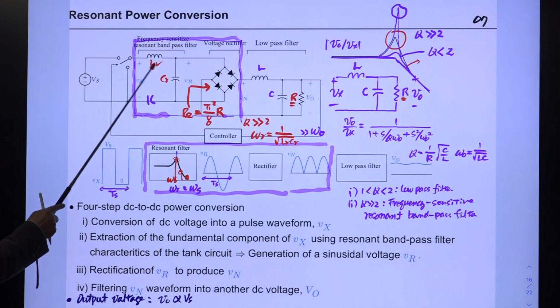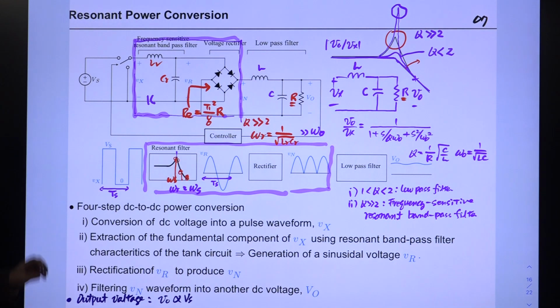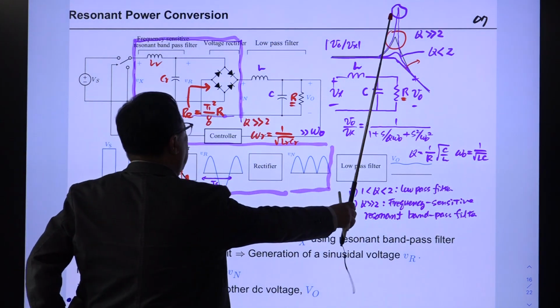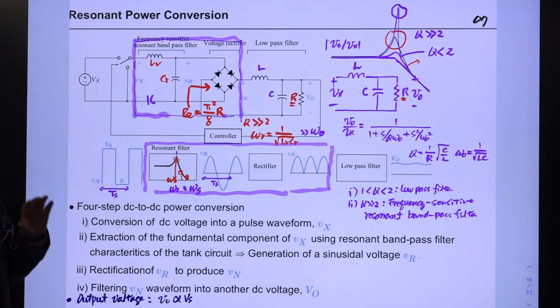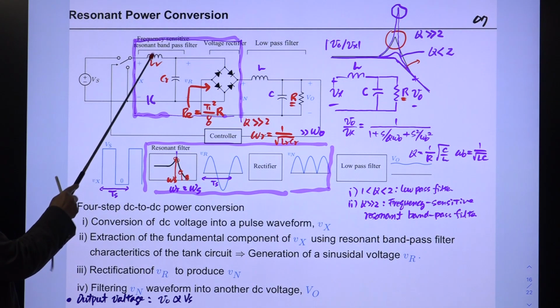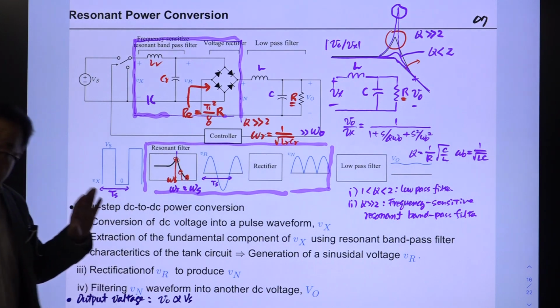So this filter is LC, in parallel with this RD forms another low pass filter. So we have two low pass filters. What makes the difference is the Q, the quality factor, of this filter and this filter; they are way different. And the component values of this LC and this LC are way different.